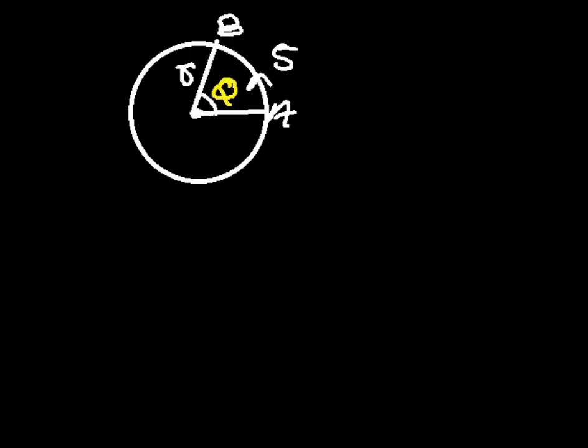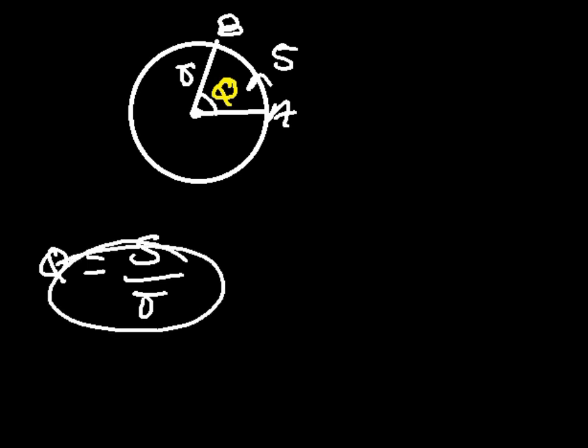The angular displacement is directly proportional to the arc length and inversely related to the radius. So this is the formula for angular displacement, theta equals s over r.